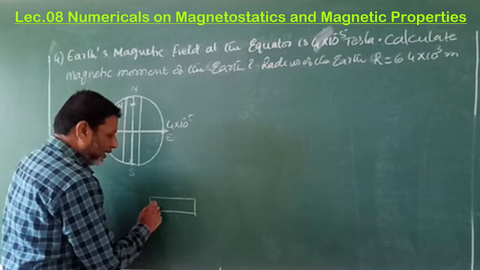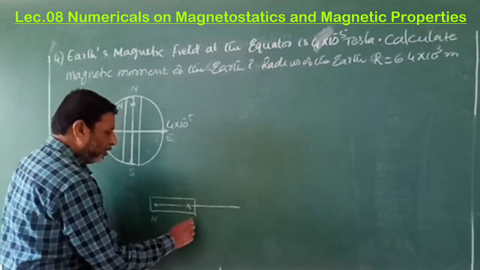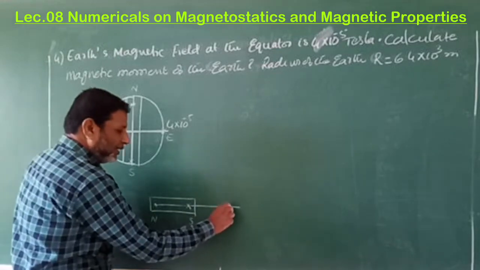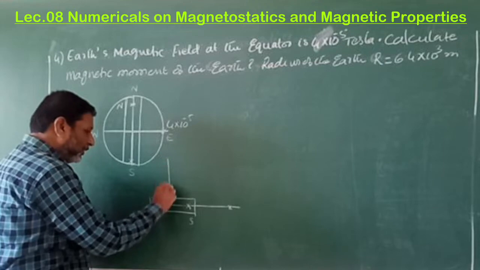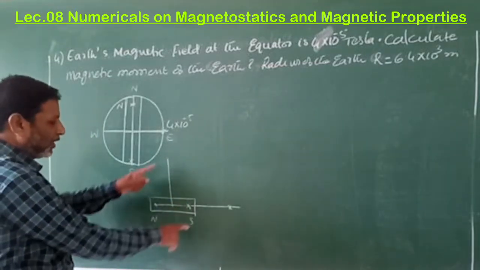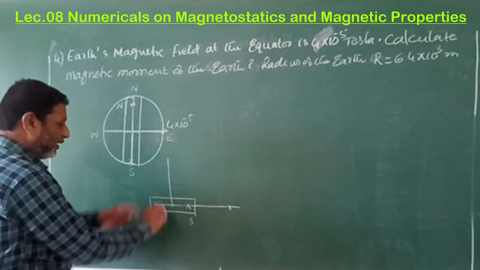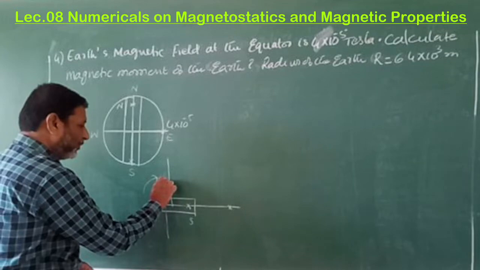This is the Earth's magnetic dipole, north and south. Then this is the axial line, and this is the equatorial line. Now what you do is turn it like this, and then it looks like this.